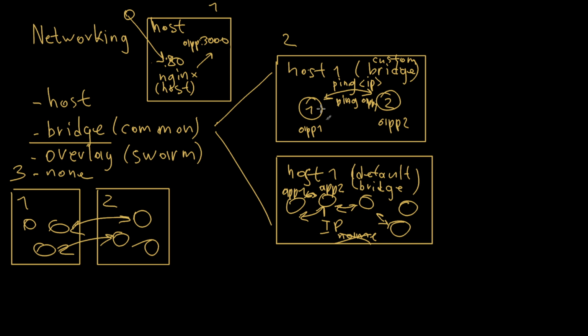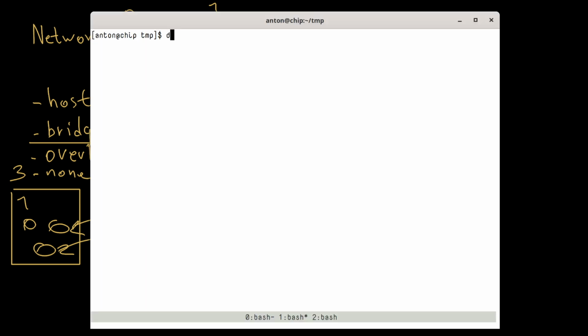So for the second scenario here, I'm gonna create a custom bridge network, and I do it with the docker network create command. As a driver option, I could provide bridge, but this is the default value, so I don't need to provide it.